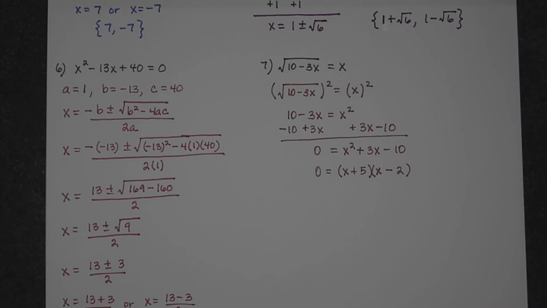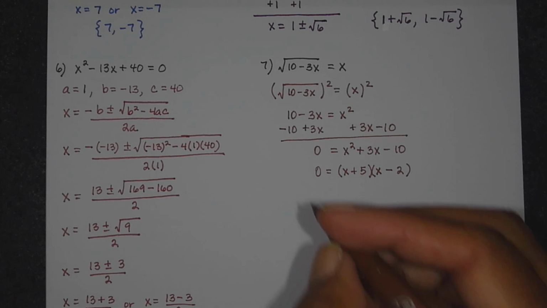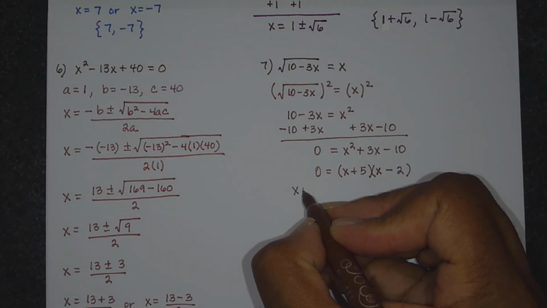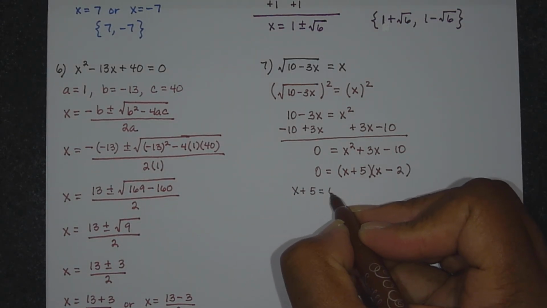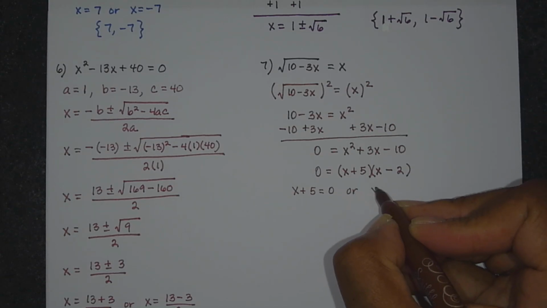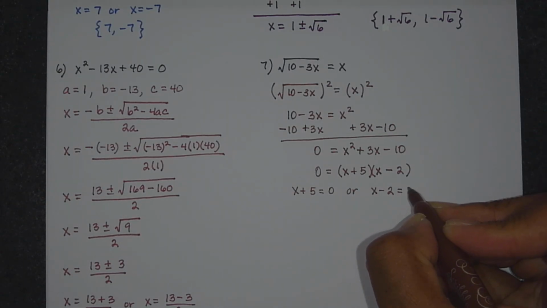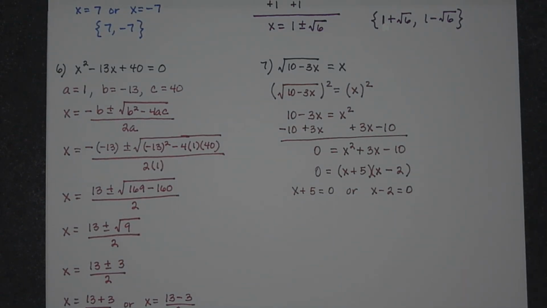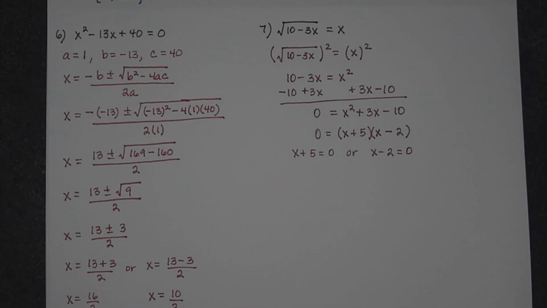And then we're going to set each binomial factor equal to 0. So this means x plus 5 is equal to 0, or x minus 2 is equal to 0. And then for each equation, we're going to solve for x.